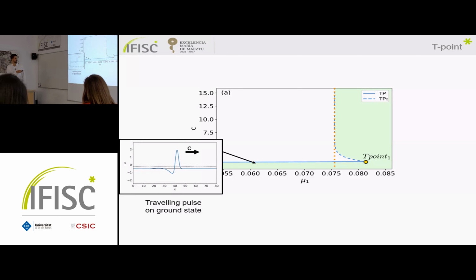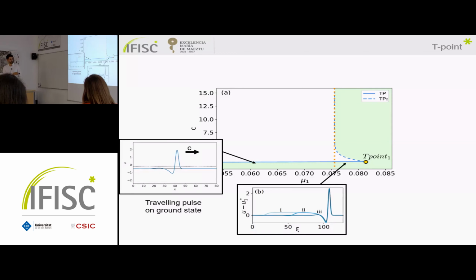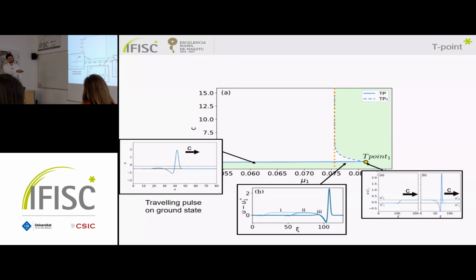Here we have our stable excitable pulse. And as we approach the T point, they start to develop this plateau on the back of the pulse that grows until it diverges at the T point, where it can be described as two fronts with an infinite plateau in the middle.